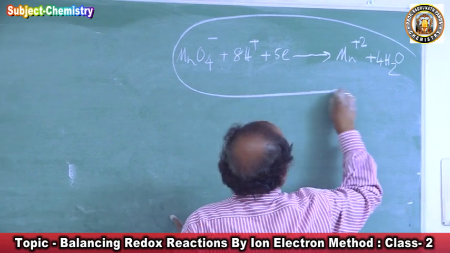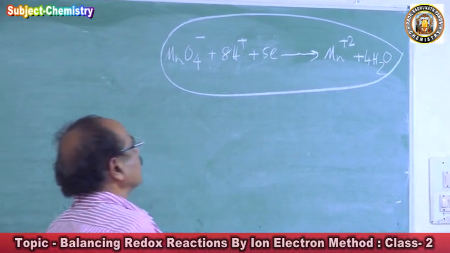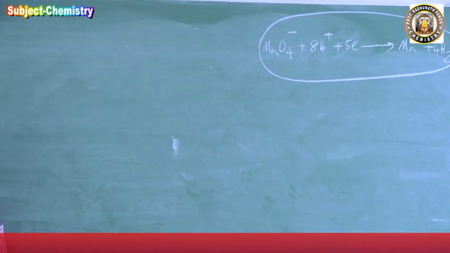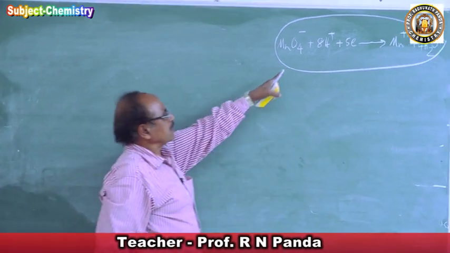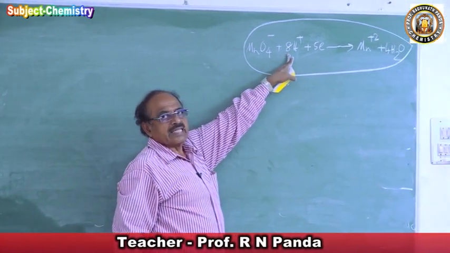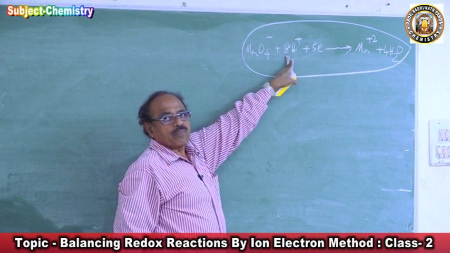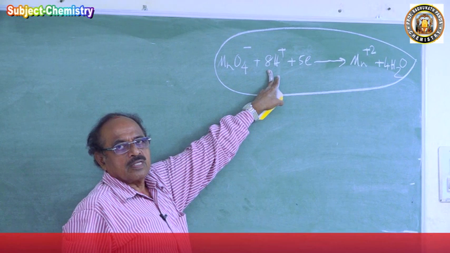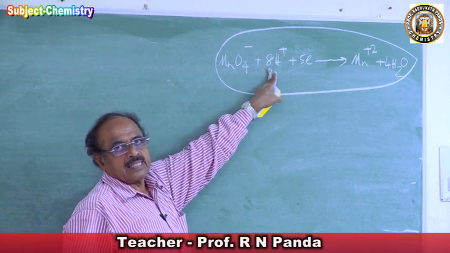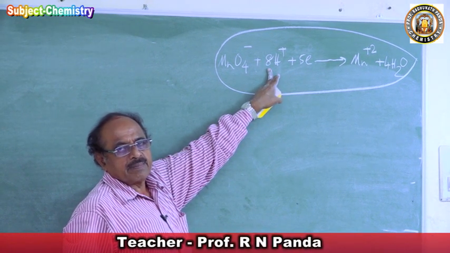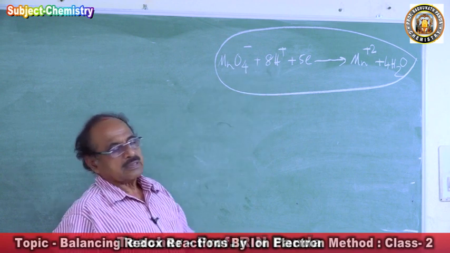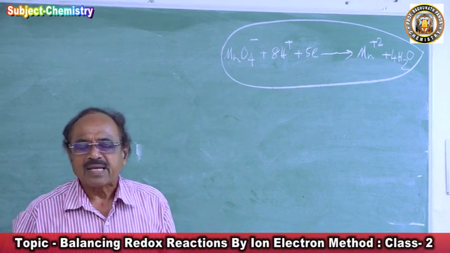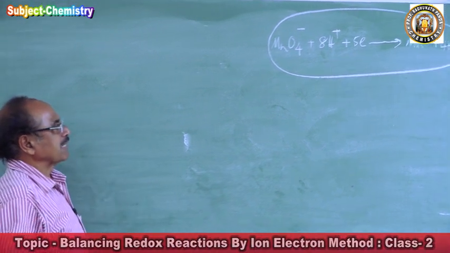This is your very important finding. Wherever potassium permanganate is in acidic medium, this 8H plus tells you the reaction is taking place in acidic medium. When it is alkaline medium, you will find OH minus here. We will go to alkaline medium and balance it later. Let's first do some reactions in acidic medium.